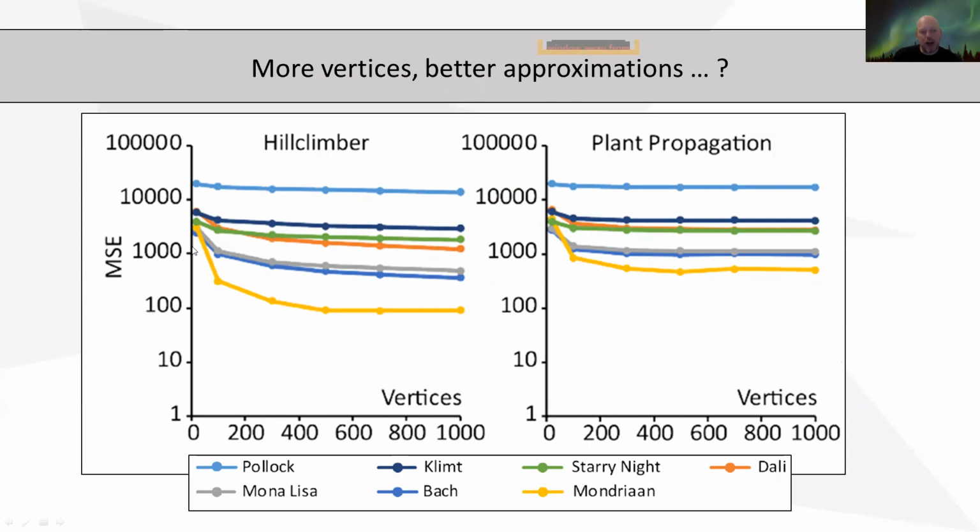And for the HillClimber, you can see that after 1 million evaluations, it really drops lower in its MSE than plant propagation for a great number of vertices. It almost always outperforms plant propagation. And I've skipped simulated annealing completely because it was so bad.